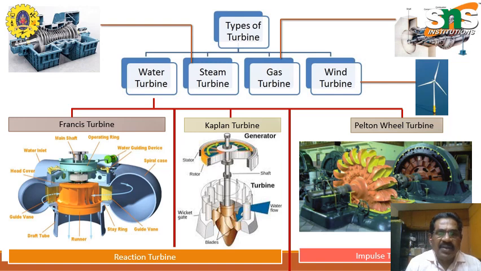The Francis turbine and the Kaplan turbine are basically reaction turbines, where water comes out and because of that it rotates. Whereas in the impulse turbine, there is a jet which hits the Pelton cup, and in turn it moves.